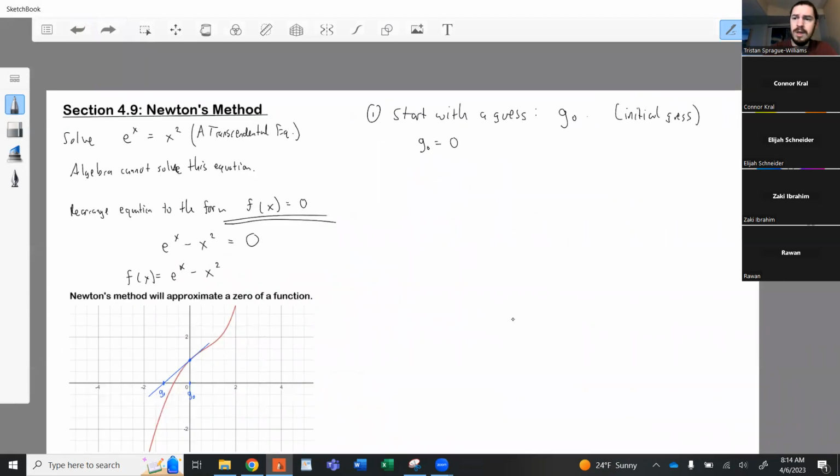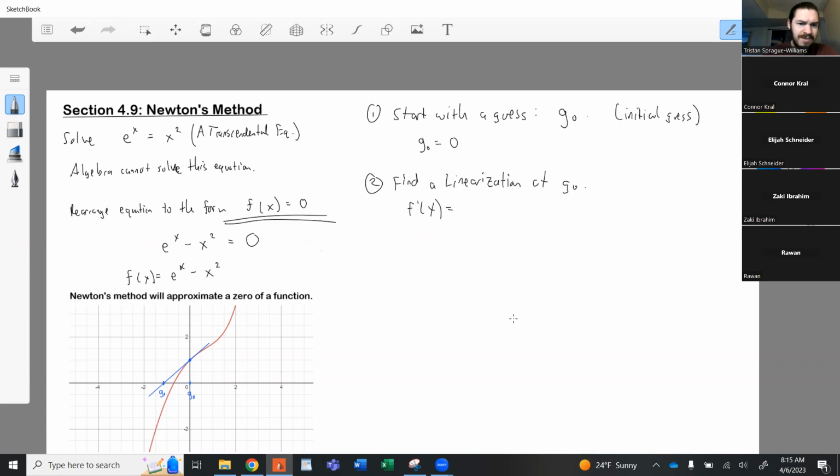Well, what we do is we want to find a linearization at G0. So we're going to need to know the derivative of the function.